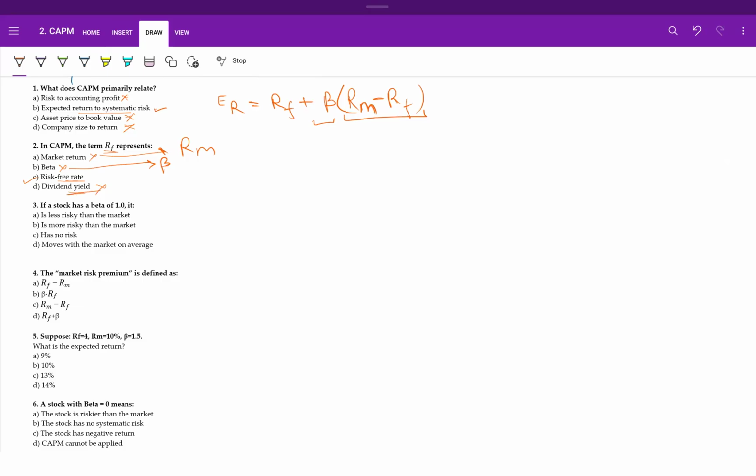Question number three: if a stock has a beta of one. We talked about beta greater than 1, beta equal to 1, and beta less than 1. So this means it's negatively related, this means it's perfectly related, and this means it's strongly related.